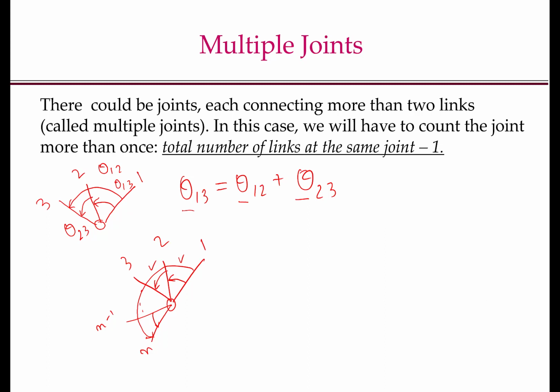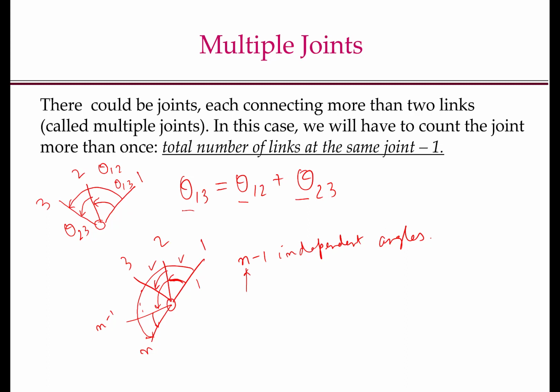If we want to compute the angle between 2 and n minus 1, we compute 2,3 plus 3,4 plus up to n minus 1. How many independent angles are there? In this case, for every consecutive pair, there is 1. So there is 1 between 1 and 2, 1 between 2 and 3. There are a total of n minus 1 independent angles, where n is the number of links at this joint.